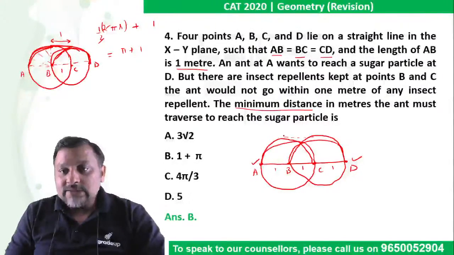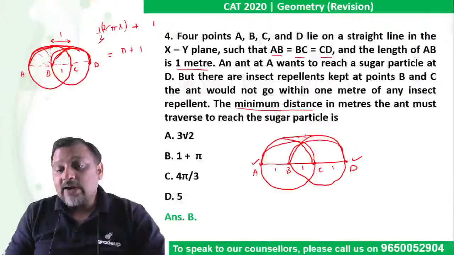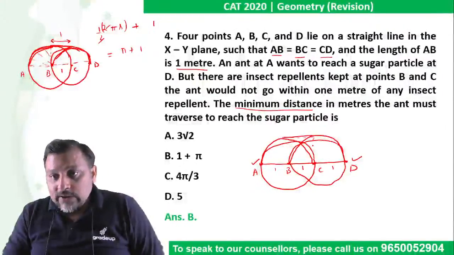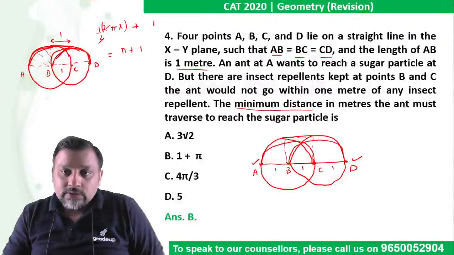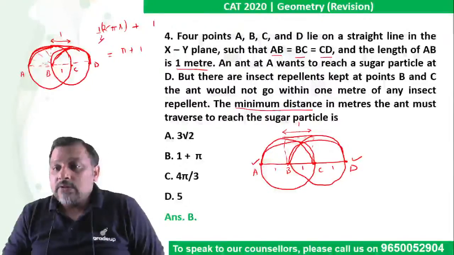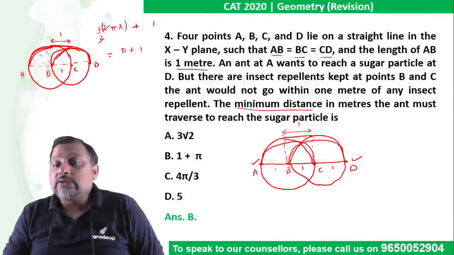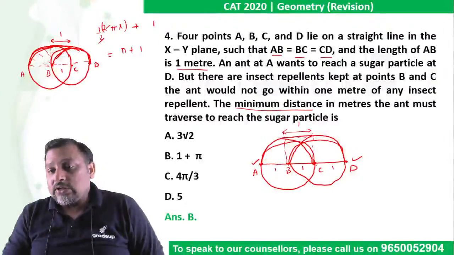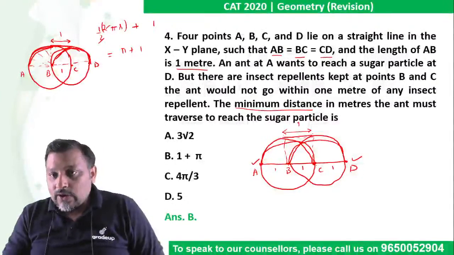So this is the distance that the ant can travel on a straight line. So if this distance is 1, if I draw perpendiculars, so can we say this would also be 1? Since distance between B and C is 1, so the part which ant is traveling on a straight line is also 1.